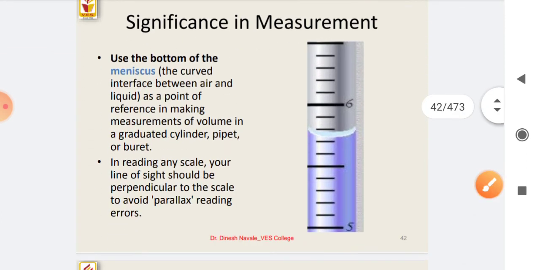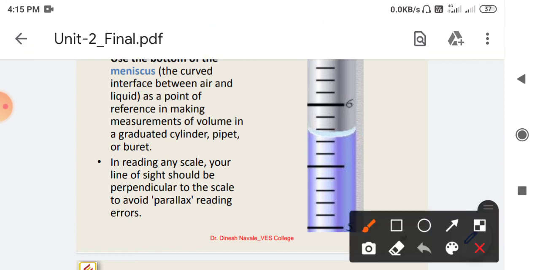For liquids, we have already seen that we need to consider the lower meniscus. For liquids, the meniscus, the curved interface between the air and the liquid, is the point of reference in making a measurement of volume in a graduated cylinder or a pipette.